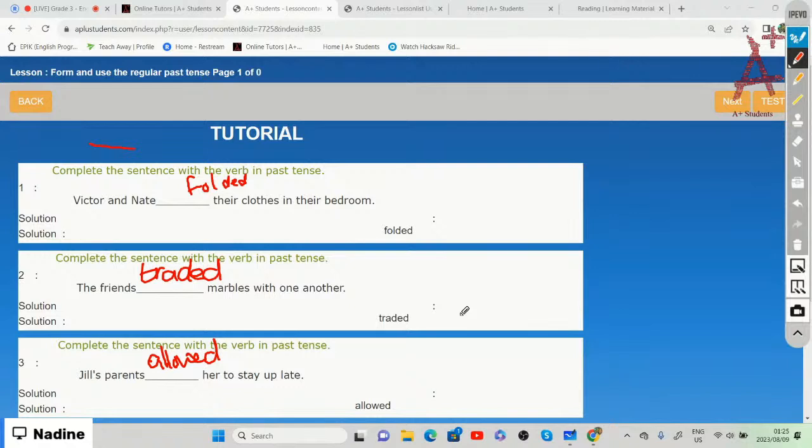Then we have traded: the friends traded marbles with one another. Then we have allowed: Jill's parents allowed her to stay up late. So these are verbs within the past tense ending in ed.